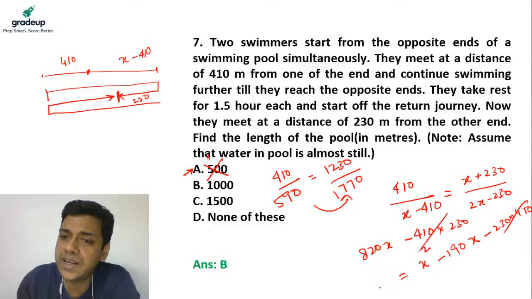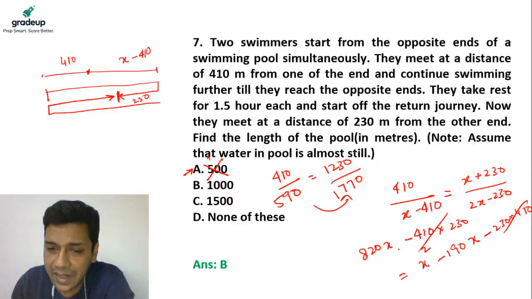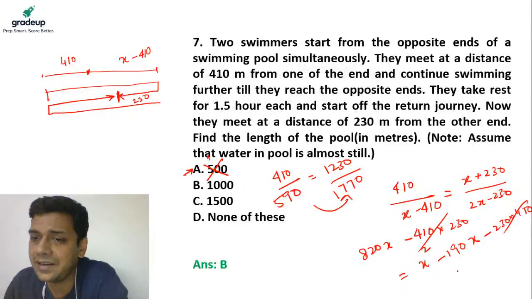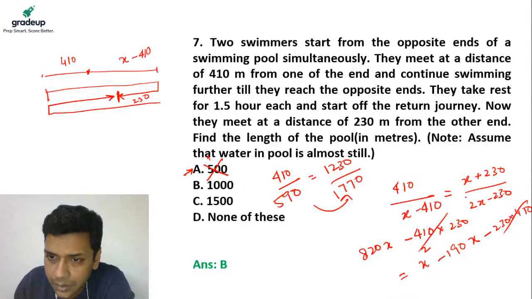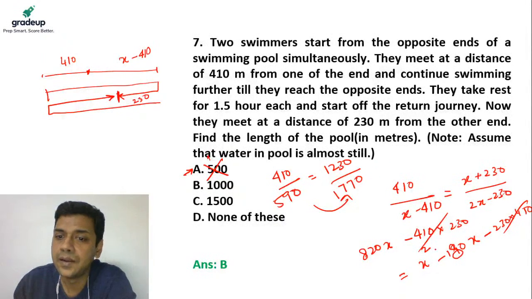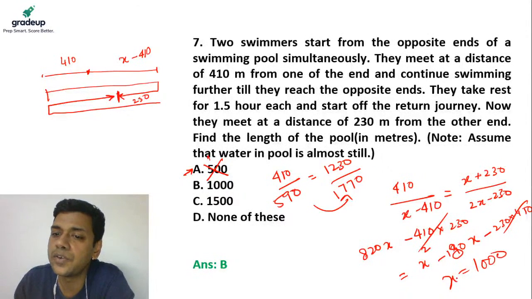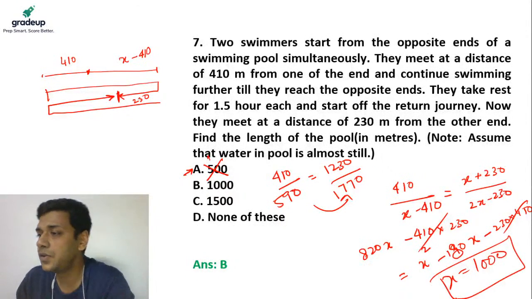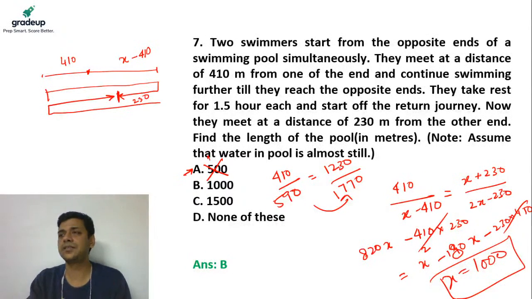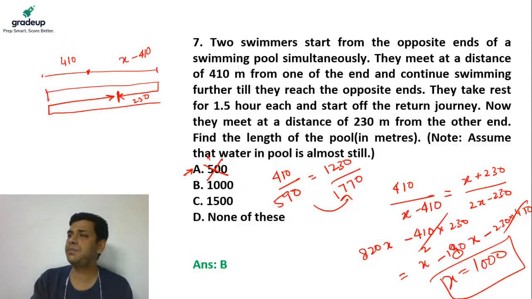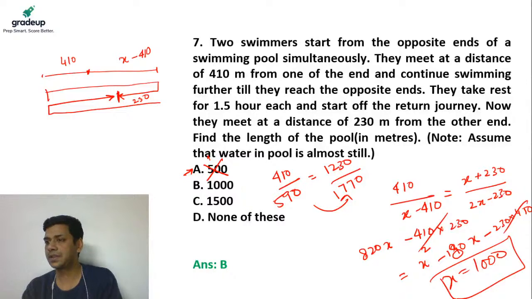So 230 into 410 will get cancelled out. And now if you cancel x from each side, 820, it is 180, sorry. Then if you cancel out x, you will get x equal to 1000. So you can do it either of the two ways, be it options, be it solving the complete equation.